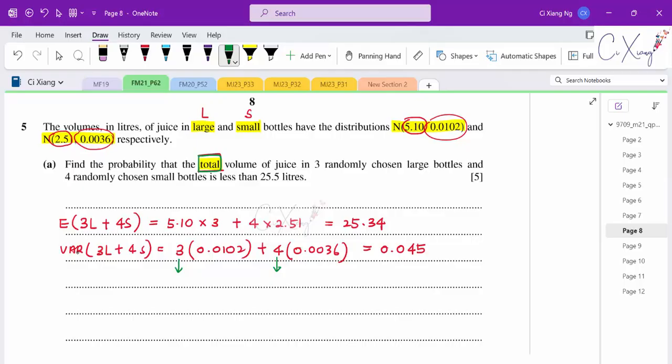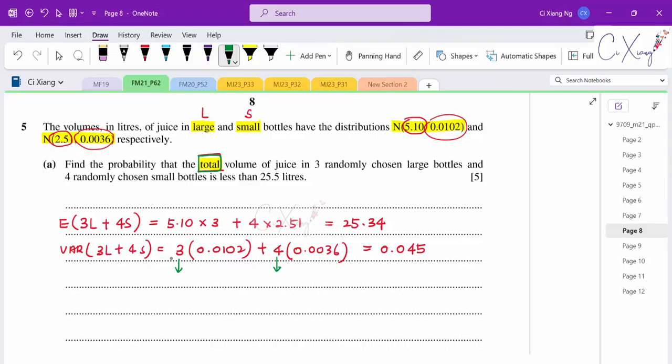But if we are talking about times, like, let's say, find the probability that I have 3 times of 1 large bottle, they are talking about 1 large bottle times 3. So in that case, you need to square your 3 under the variance part.